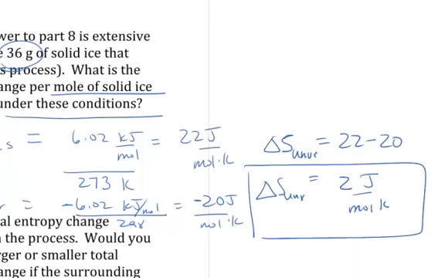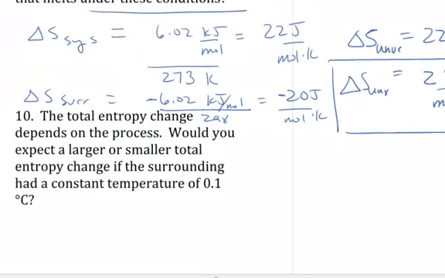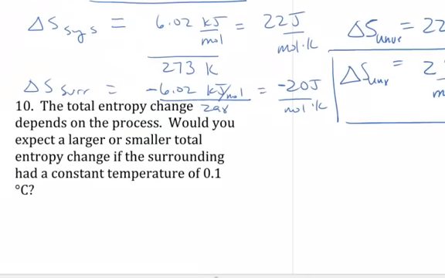The last question says the total entropy change depends on the process. Would you expect a larger or smaller total entropy change if the surroundings had a constant temperature of 0.1 degrees Celsius? In the case we just looked at, the system was at 0 degrees, which is 273 Kelvin, and the surroundings were at 298 Kelvin.